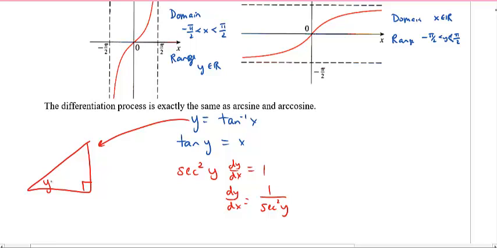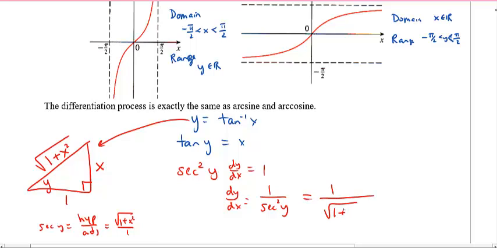This time it's tangent, so opposite over adjacent, which means the hypotenuse now is the square root of 1 plus x squared. Secant is the same thing as 1 over cosine, so secant y is hypotenuse over adjacent. The hypotenuse is the square root of 1 plus x squared. The adjacent is 1. So, making the substitution for secant y, don't forget to square it. Ta-da! There you have it.